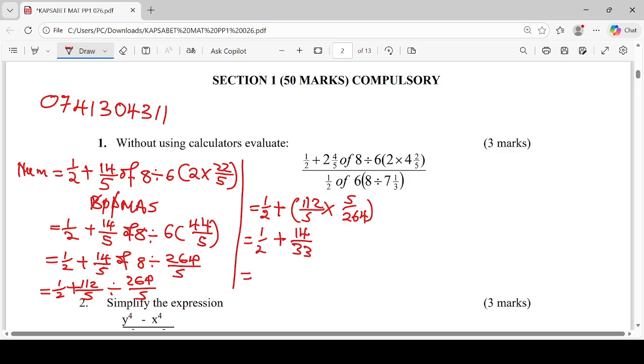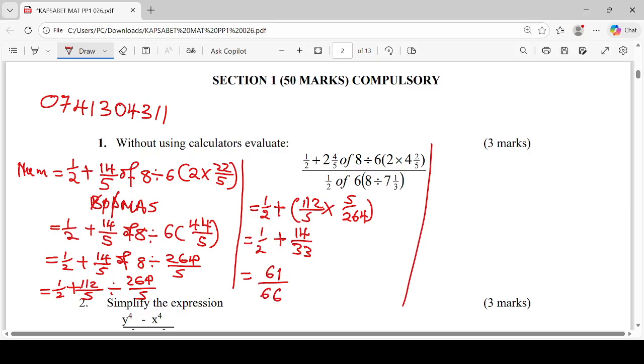And when you add 14/33 plus a half, it's now going to give you 61/66. That is the numerator part.